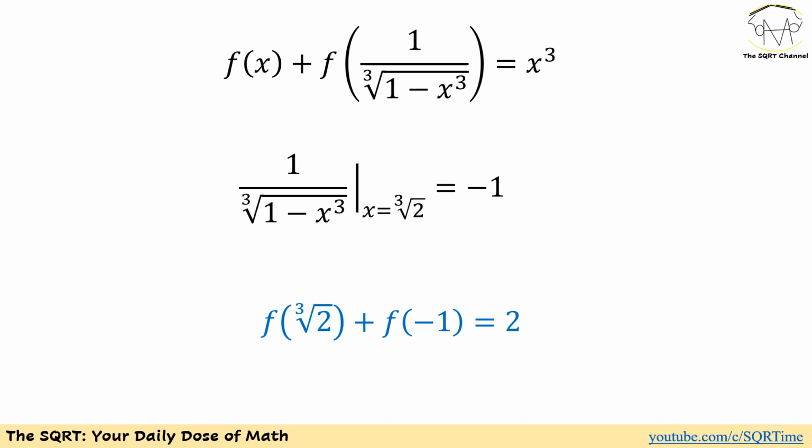To do this, again, we need to first determine what we have for the second term. Using x equals the third root of 2, you can see that we are going to end up with negative 1 for the term that we have here. So at the end, we have f of the third root of 2 plus f of negative 1 equals 2.